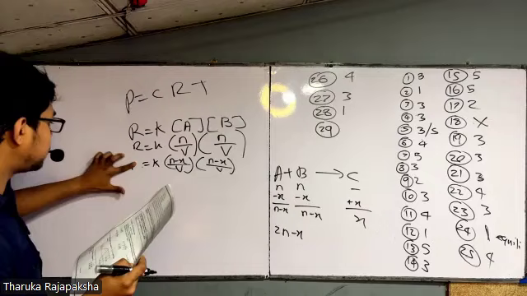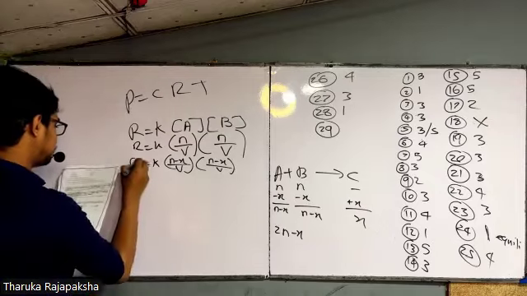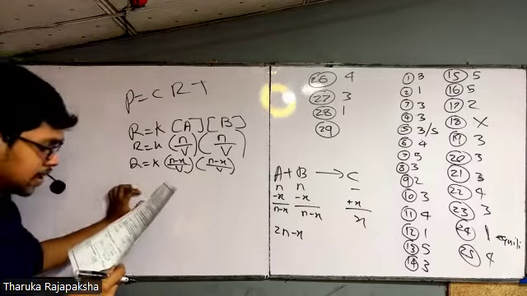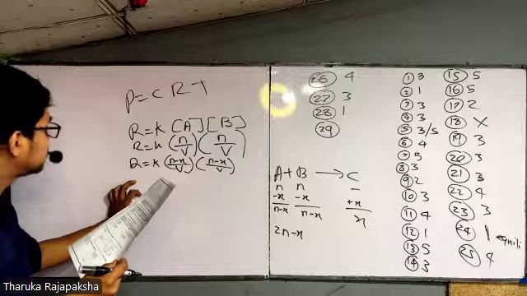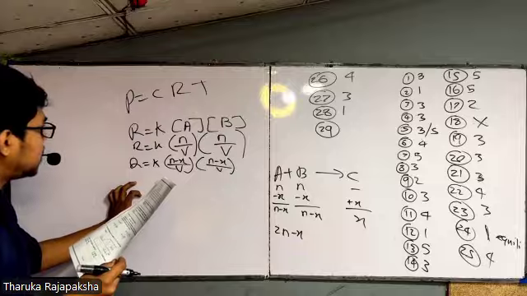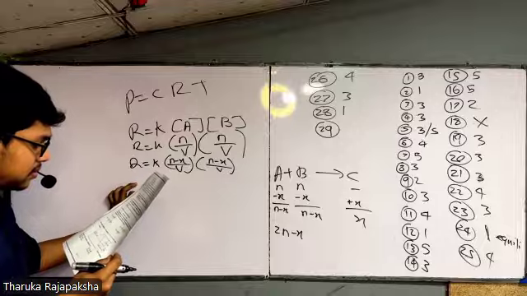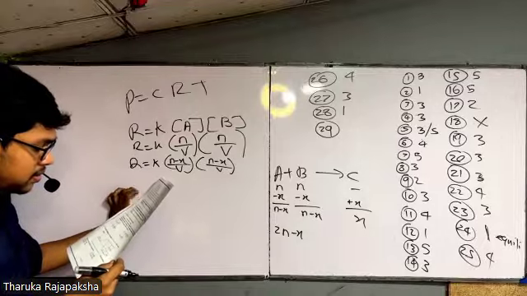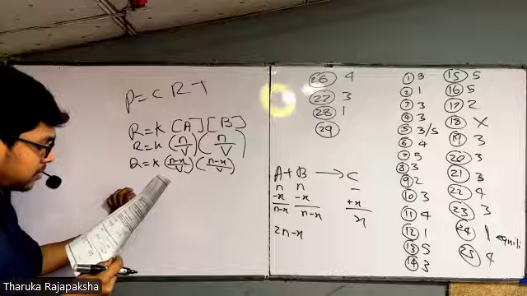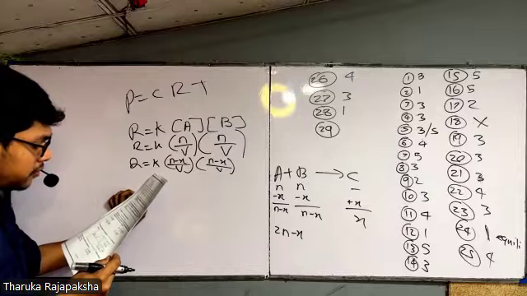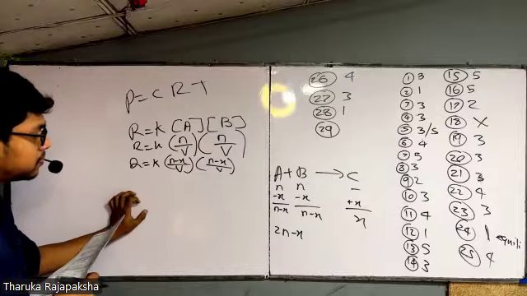Rate of the reaction at time T is Q. මෙහෙම දීලා තියෙනවා. Initially rate එකක් දීලා තියෙනවද? නැහැ. Initially rate එක දීලා නැත. Rate of the reaction at time T is Q.